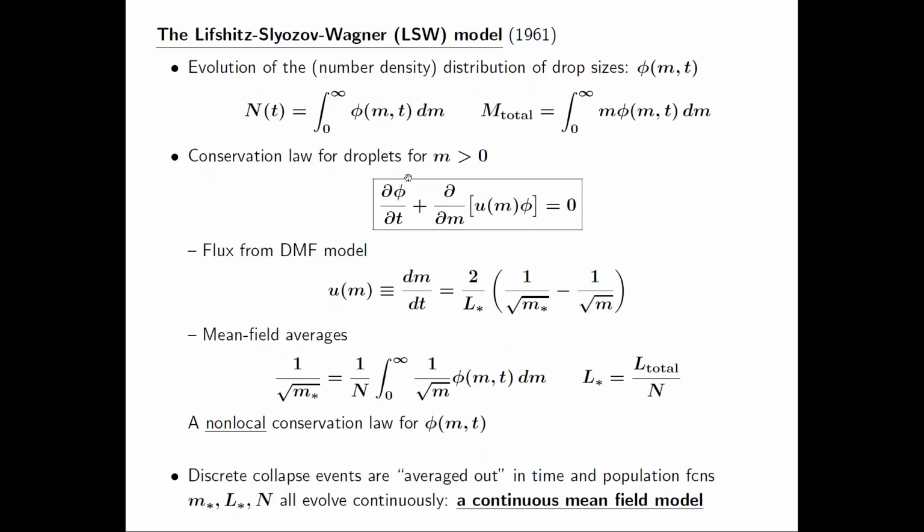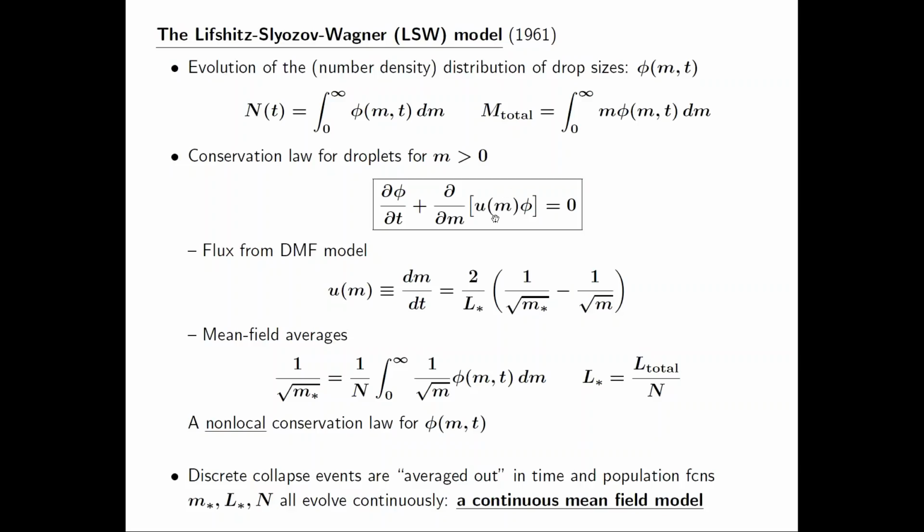But this distribution function satisfies a conservation law for conserving the mass. So I will get an evolution of this distribution based on the flux, basically the rate of change of mass of an individual droplet. So that goes into this flux term describing, do droplets grow or decrease in mass?